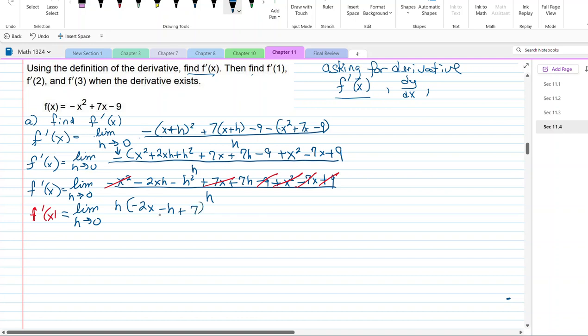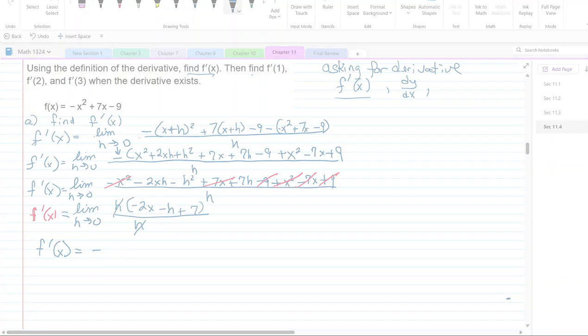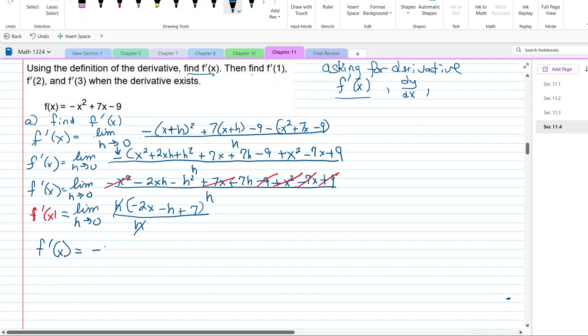We're going to cancel out h, and take the limit. So f prime of x is the function negative 2x plus 7. Sorry, my computer is acting up.